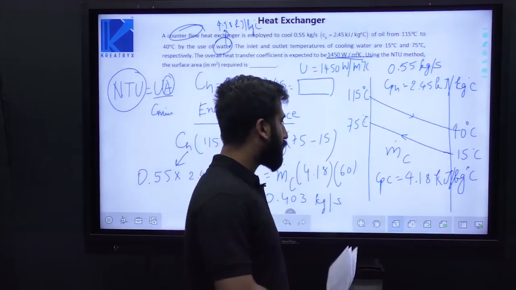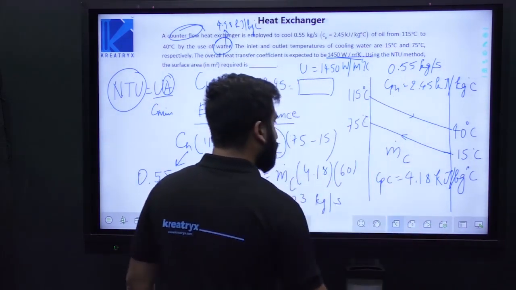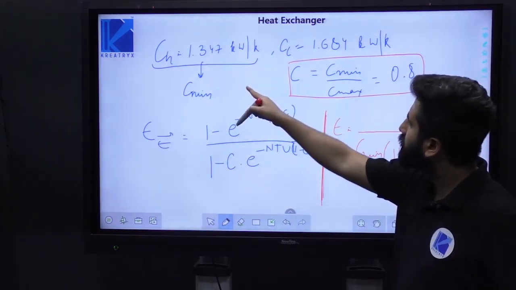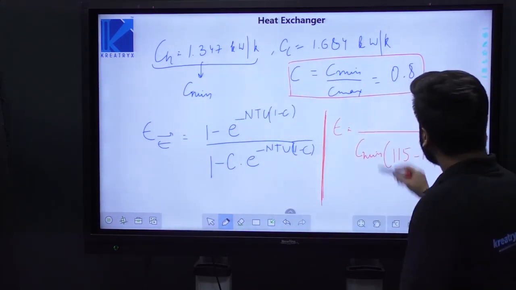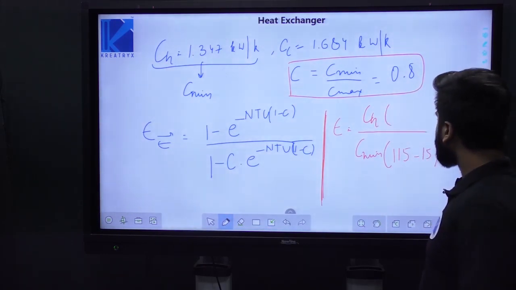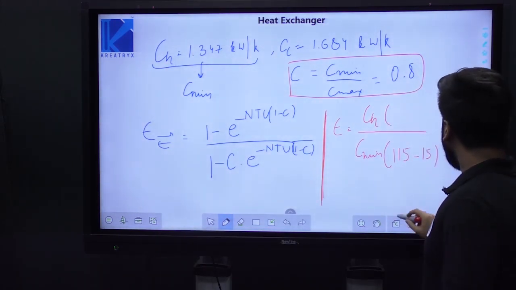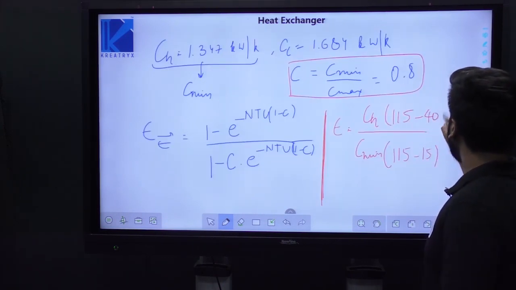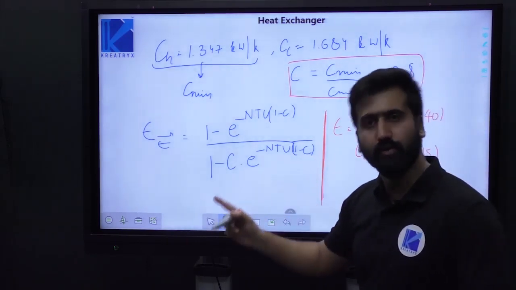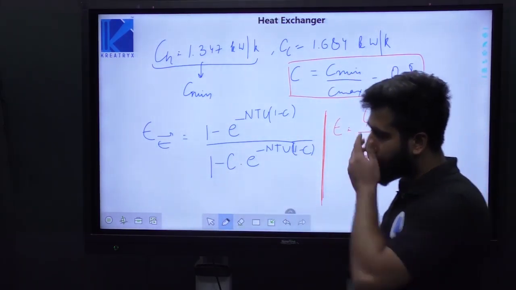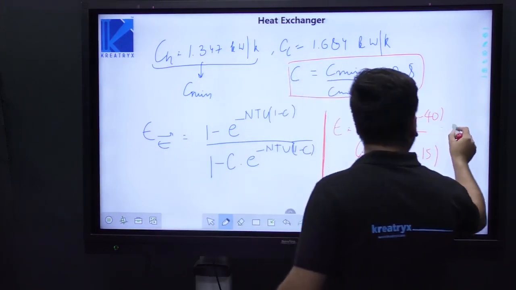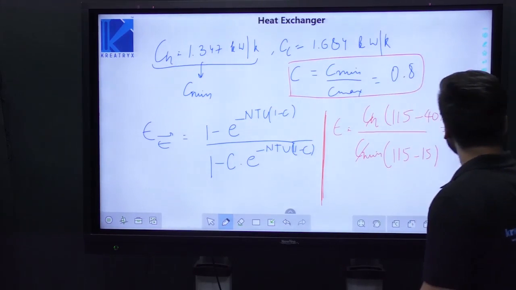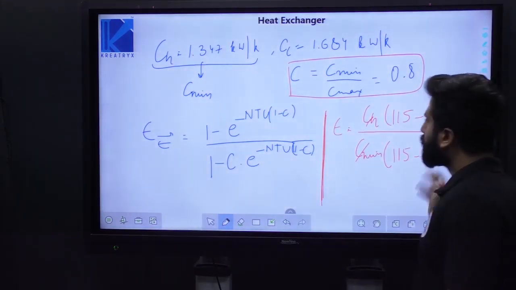But to simplify our calculation, we'll write the term which contains C minimum. C minimum is of the hotter fluid, so that is CH, and the temperature change of hot fluid is 115 to 40, so 115 minus 40. This CH corresponds to C minimum, so this gets cancelled. The effectiveness comes out to be 0.75.